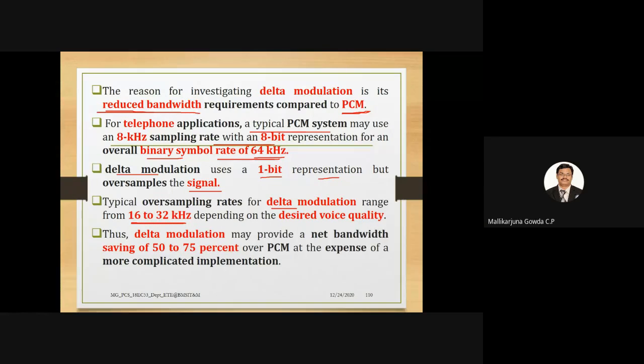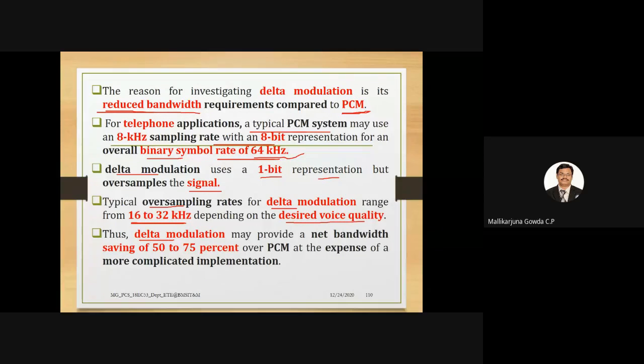In case of PCM, we sample the signal at 8 kilohertz. Though the message signal is 3.4 kilohertz, we slightly round it off to 4 kilohertz and we sample at 8 kilohertz. With that, we require 64 kbps as the bandwidth. But in case of delta modulation, we do the oversampling, and that oversampling rate is from 16 to 32 kilohertz, depending upon the voice quality.